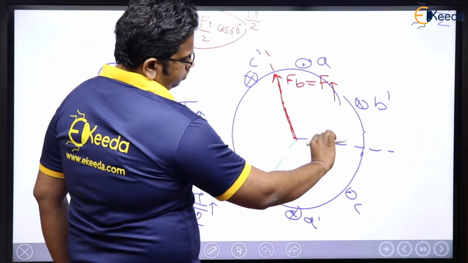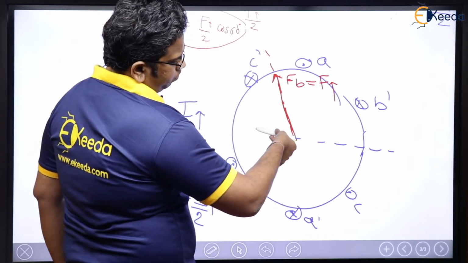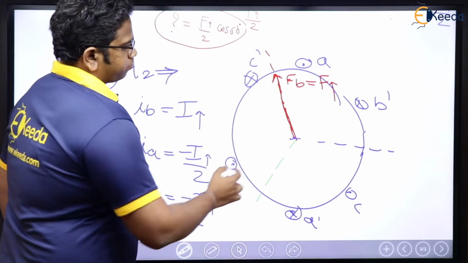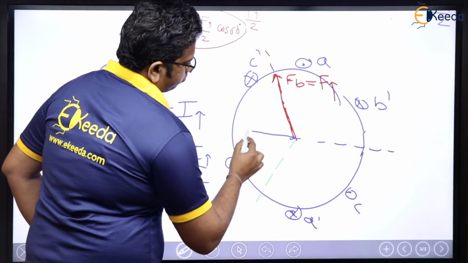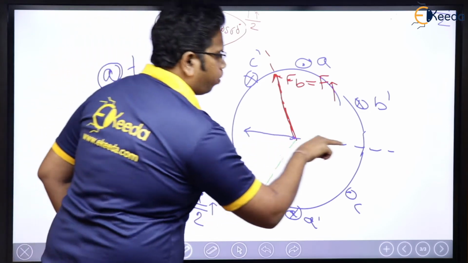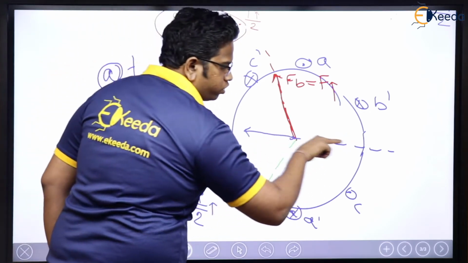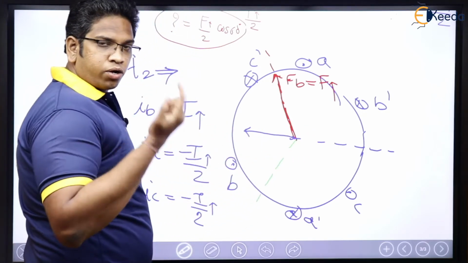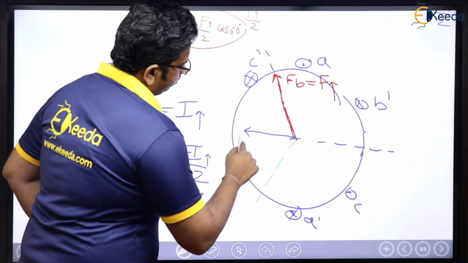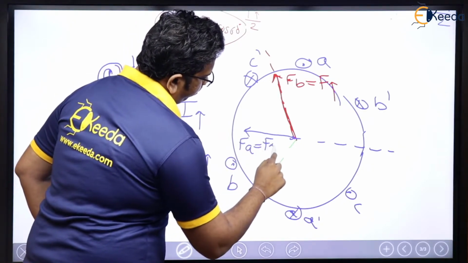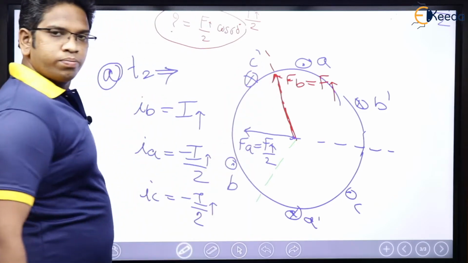So if IA is this, negative IA will be this way, and half of that. Positive maximum FA will be this way, negative maximum will be this way. We are going to take half, so this is FA, which is equal to F maximum by 2.